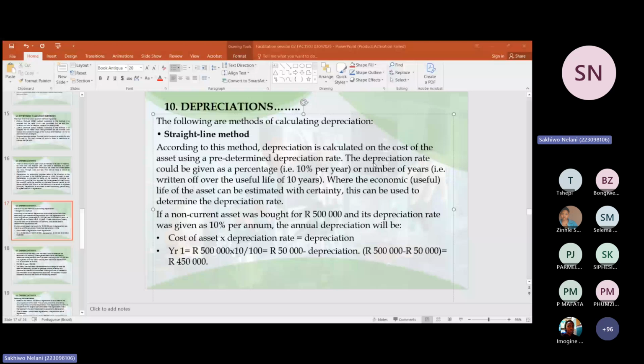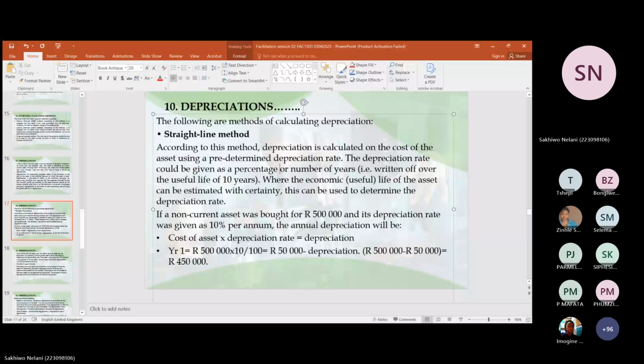Okay. Let us change the story now. You are not provided with this 10%. We are told the useful life of this particular asset is 10 years, and you are required to calculate depreciation using the straight line method.